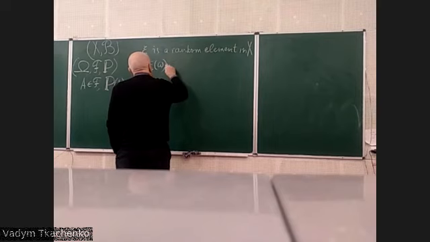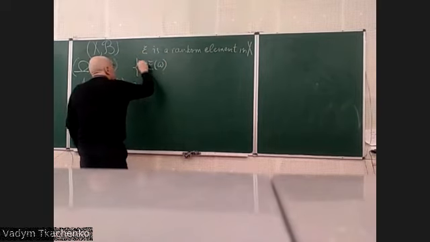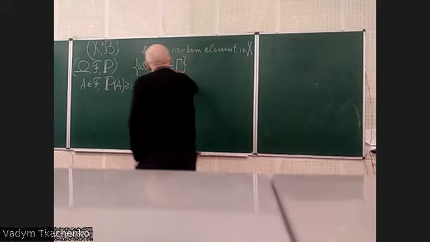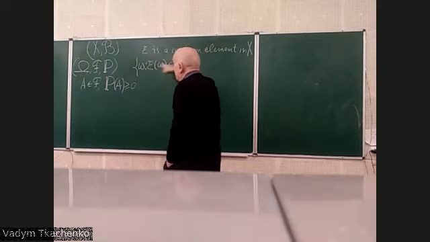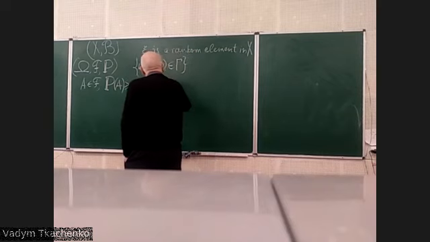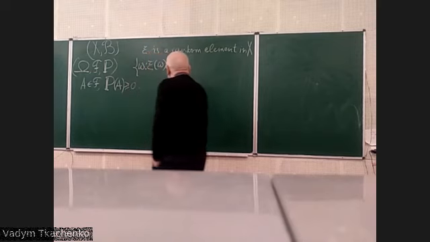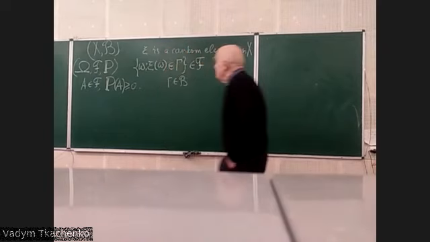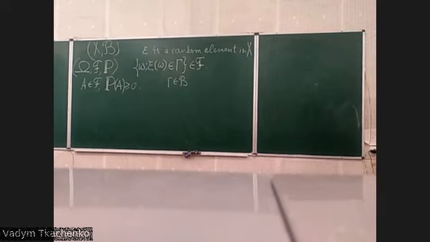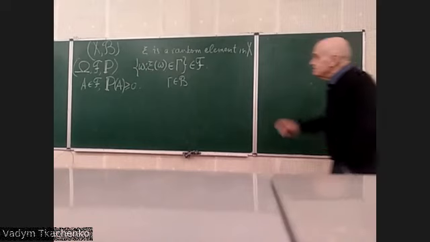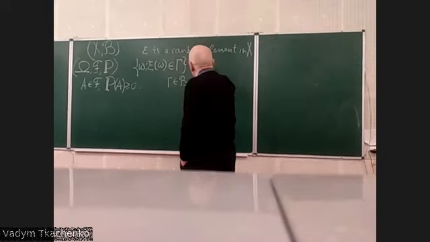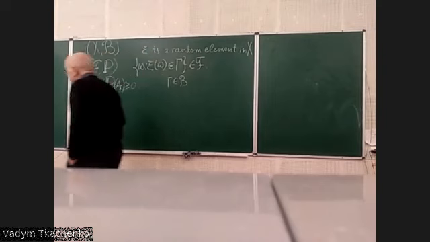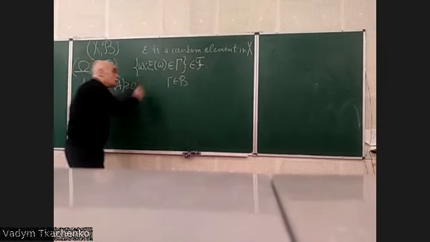And it is such a function that the set of all omega for which ξ(omega) is a point in the measurable set gamma is an event, that is, it belongs to F. We can speak about the probability of this event.